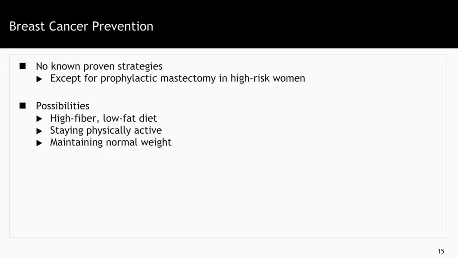Other possibilities for breast cancer prevention include high-fiber, low-fat diets, staying physically active, and maintaining normal weight. You are probably starting to see a theme here. High-fiber, low-fat diets, staying physically active, keeping a normal weight, not becoming obese, and not smoking are all prevention strategies that cross many cancers.